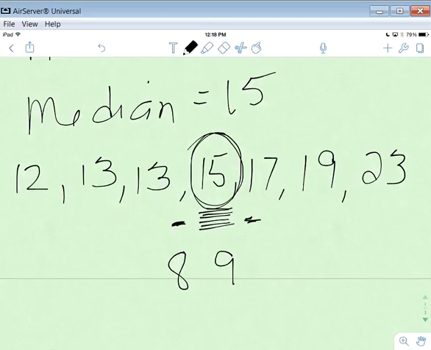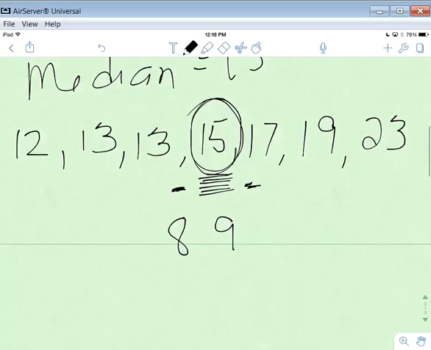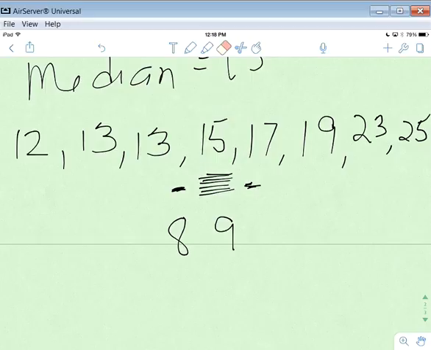Let's say, for example's sake, I'm going to scoot this over. We had a 23 and then we had a 25. If that was the case, let me erase this, then the 15 would not be the middle number, right? The middle number would be somewhere between 17 and 15.